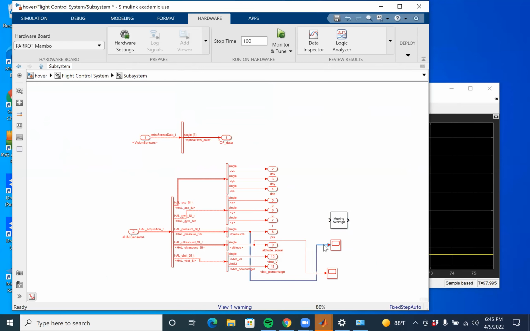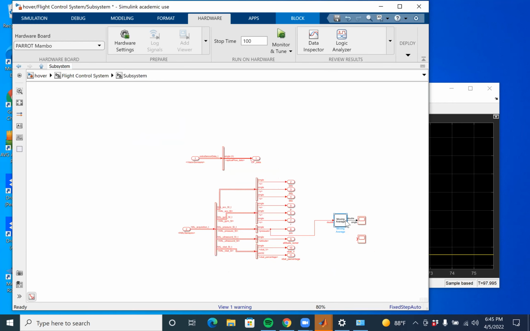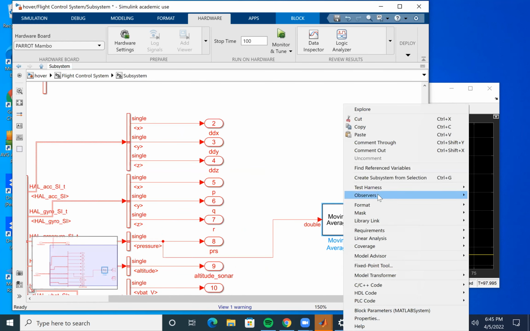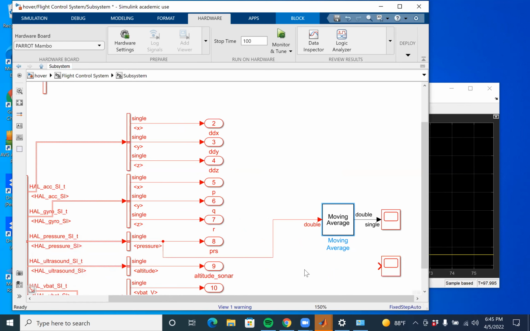I'm going to feed the pressure data through moving average, and I'm going to send altitude data through moving average.